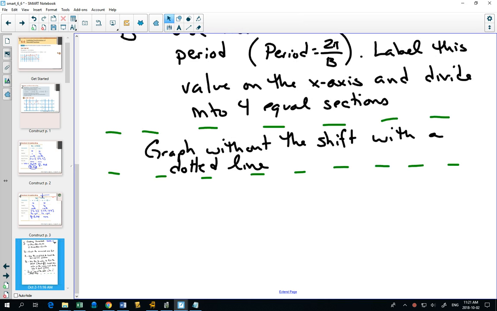You're then going to apply the fact that you know where the center line is, what the max and the min are, and that your period is divided into 4 sections. You're going to graph it temporarily.